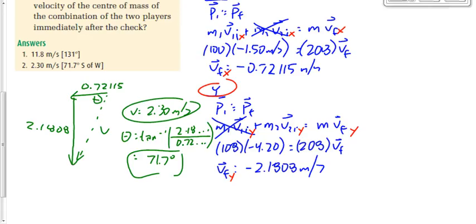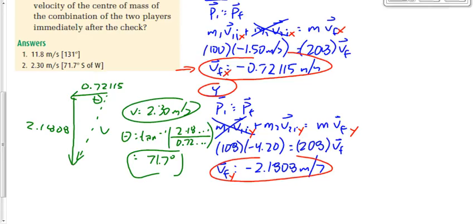But by all means, if it's helpful to you to label that VFX instead of just VF, VFY instead of just VF, then absolutely. I think that can be a good idea to do. Yeah, absolutely. You have to have it shown somehow that it's X component and Y component. I had it shown, but no question, that's better. It's better to show it that way. It's just striking that balance between doing that and having a cumbersome amount of subscripts, that's all.